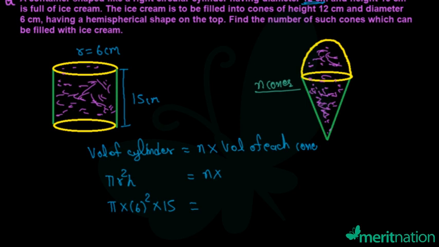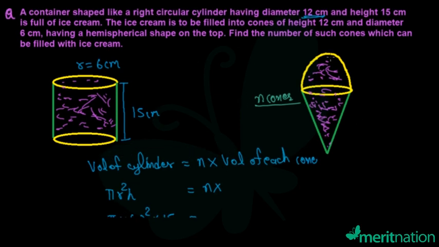If you look at the cone, the height of the cone that's given to us is 12 centimeters. Its diameter is equal to 6 centimeters, so radius would be equal to 3 centimeters. R is equal to 3 centimeters. If you look at this cone, it's a cone plus hemisphere.